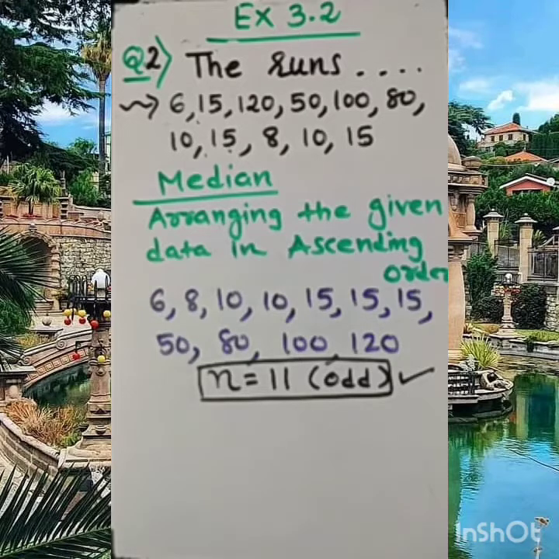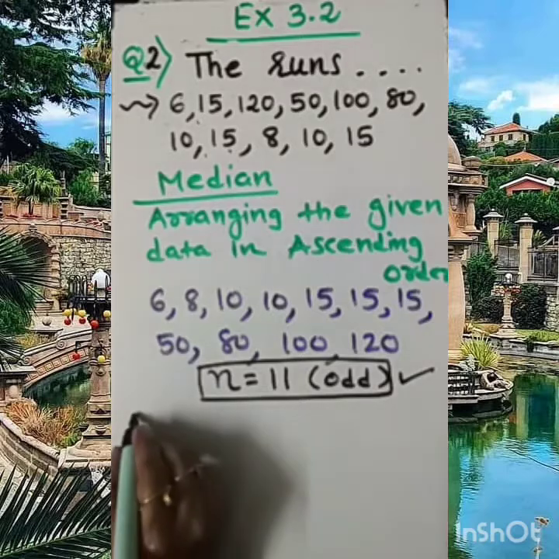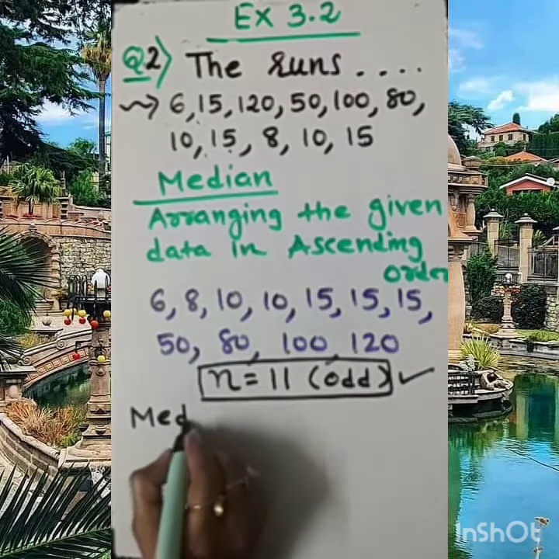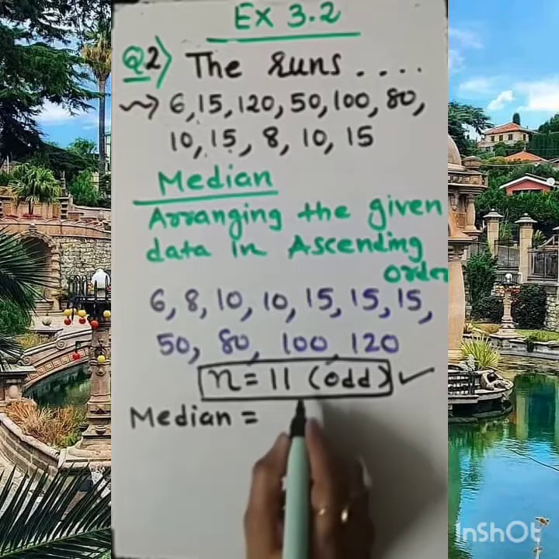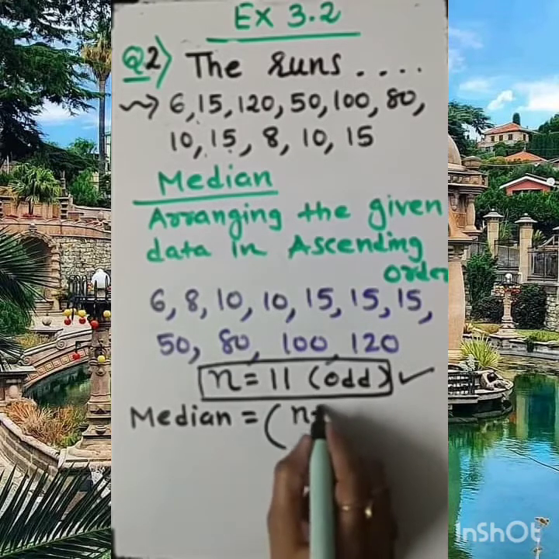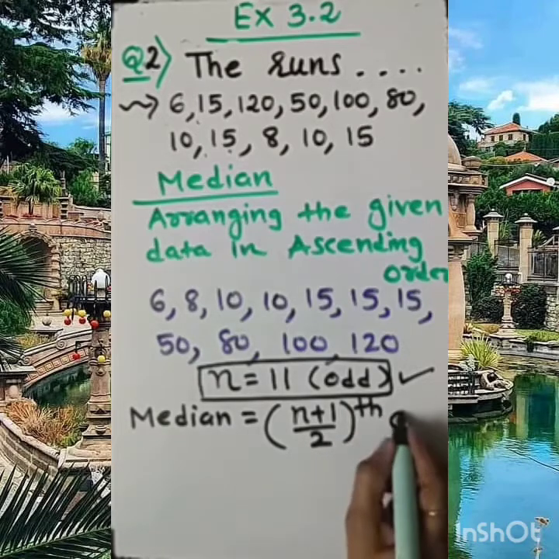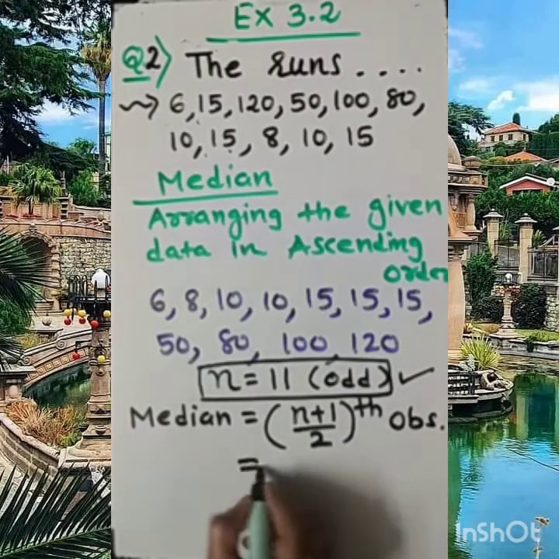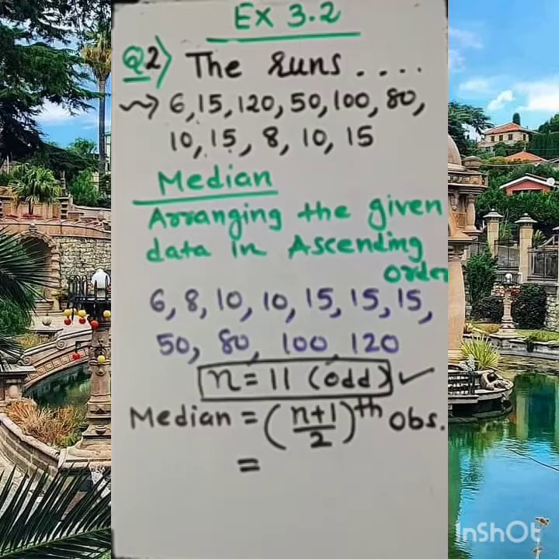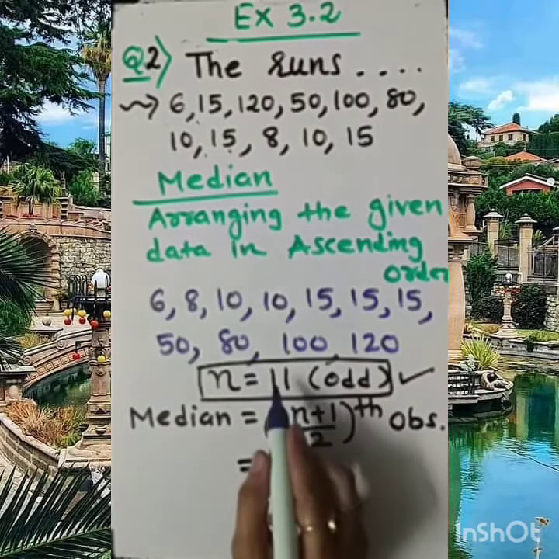According to that we have to apply the formula. So next is to find the median. The formula which we have to apply for odd number is n plus 1 by 2th observation. Please note down n plus 1 by 2th observation. Now according to this, what is n?